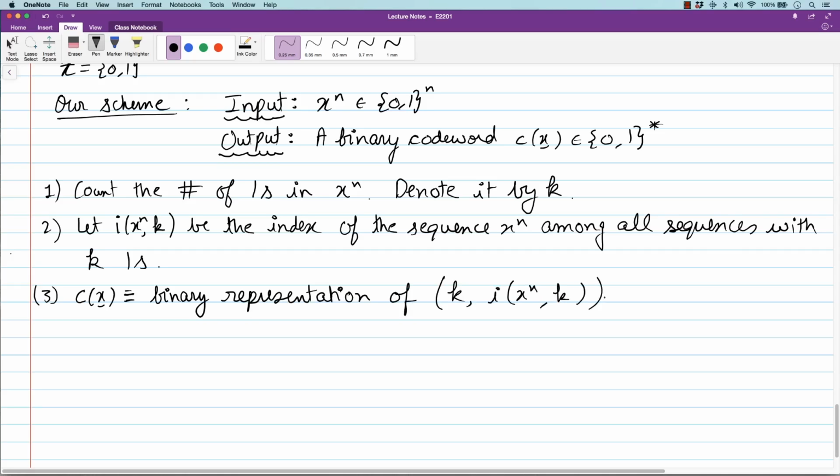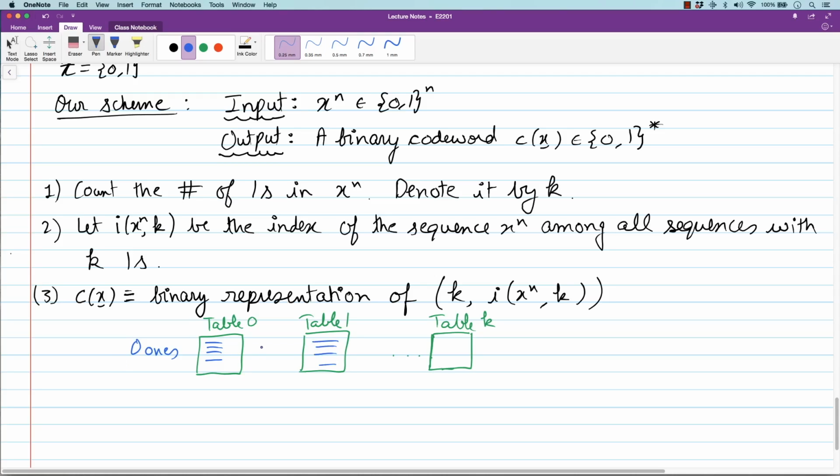We can depict this in a very simple way. There are these tables that you form: table 0, table 1, and table k, where table 0 has all the sequences with 0 ones, table 1 has all the sequences with 1 one, and so on, up to all the sequences with k ones.